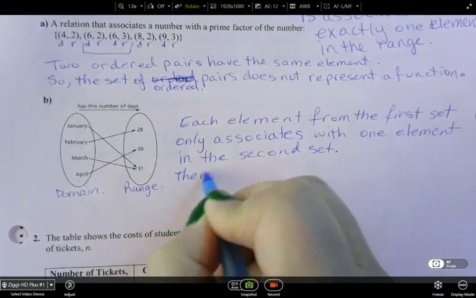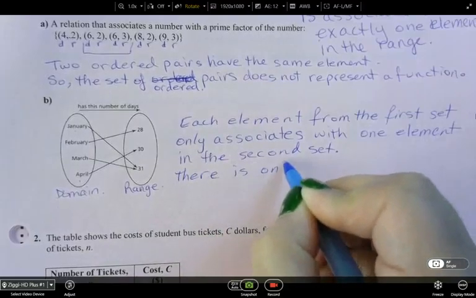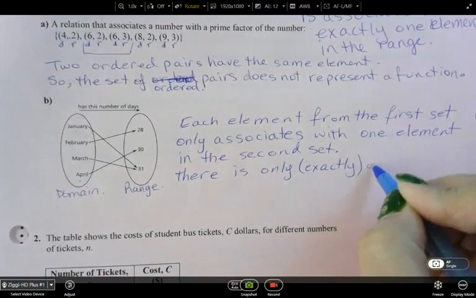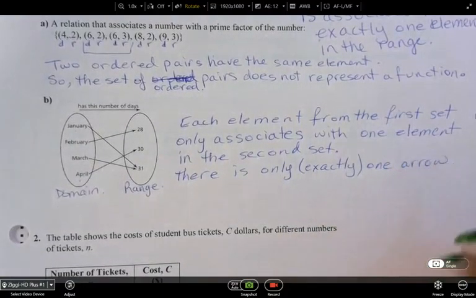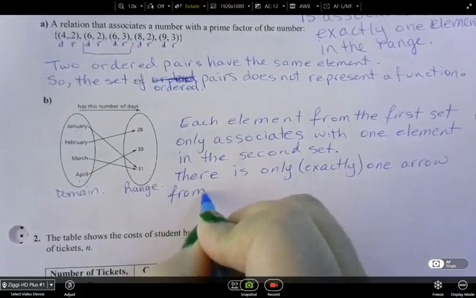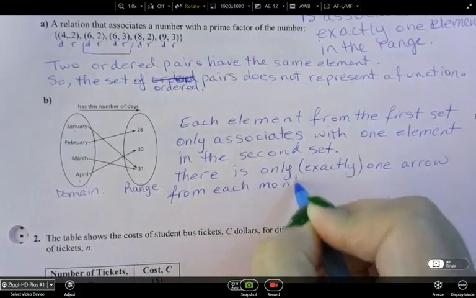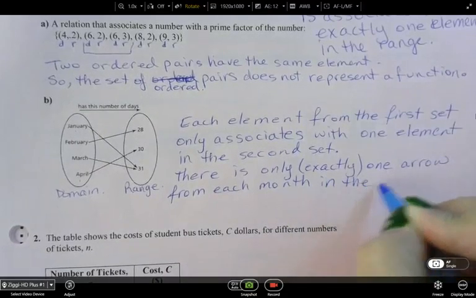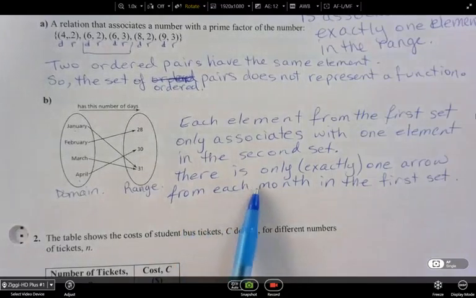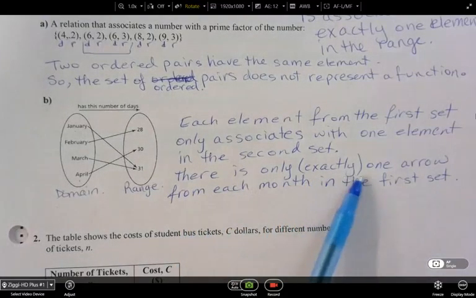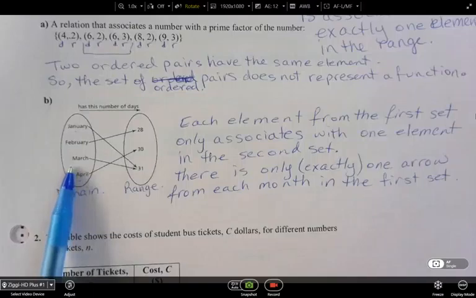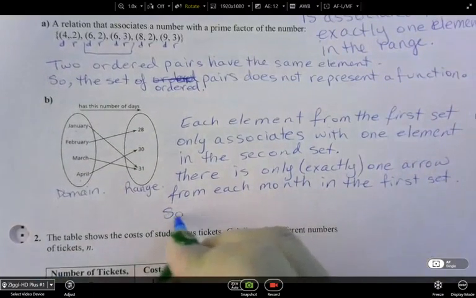So there is exactly one arrow from each month in the first set. So the relation is a function.